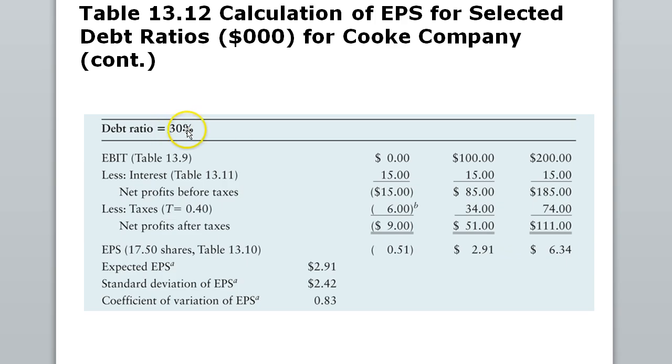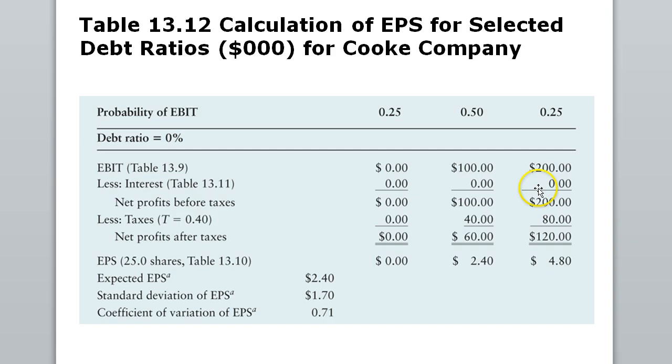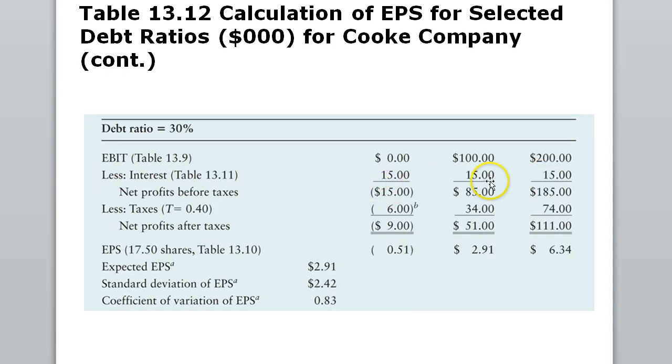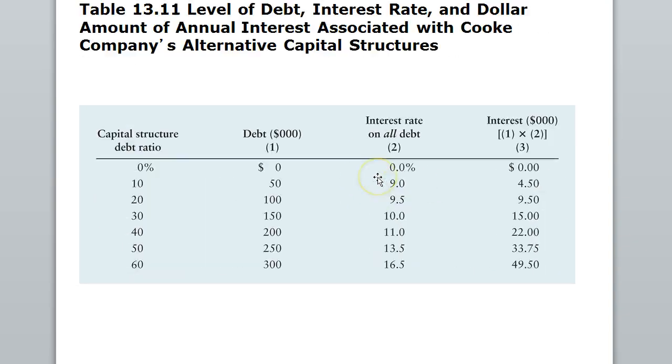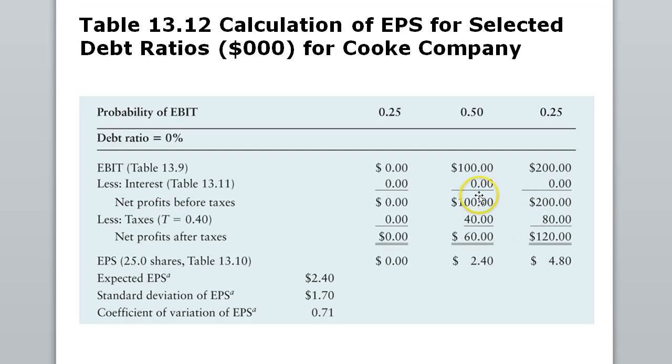So what if we go up to 30% debt? With 30% debt, we now have interest. Here we had no interest, and now we have interest of 15. So where does this 15 come from? This scale here. If we go to 30%, we have $15 in interest, not percent.